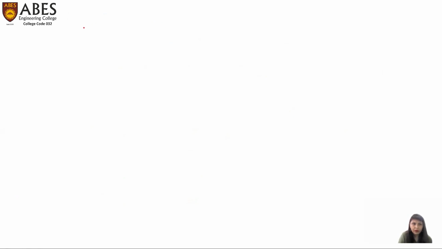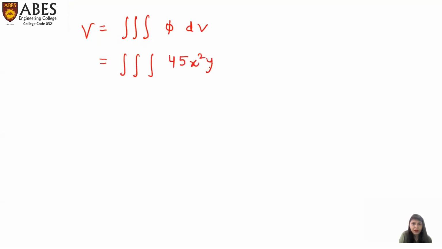We have to calculate this volume integral V equals to triple integration phi into dV. And we know the value because it is given in the question, 45 x square y, and the value of dV is dx, dy, and dz. Okay, but here, according to this integration, I am writing dz, dy, and dx.